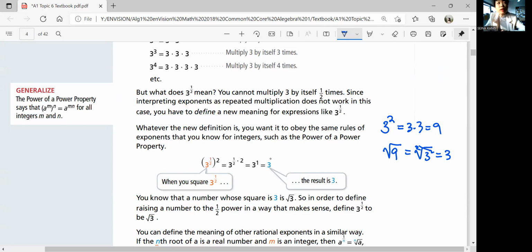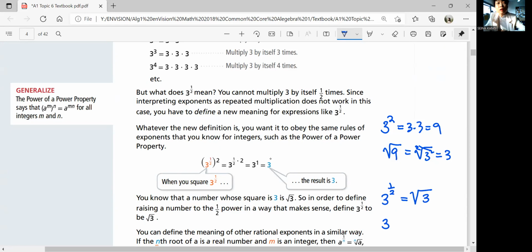That means we can say that the power, the rational number, is actually the same as the square root. So what does that mean? 3 to the 1 over 2 is actually the square root of 3.